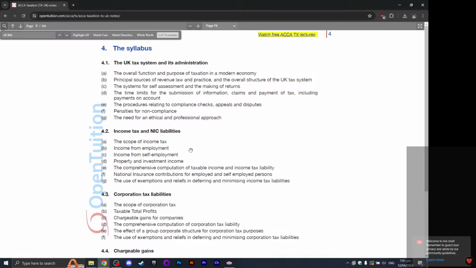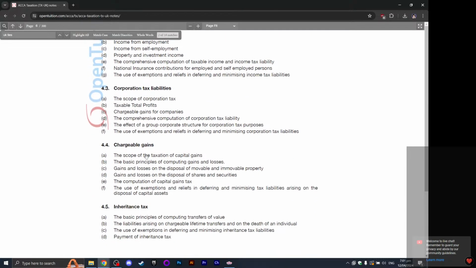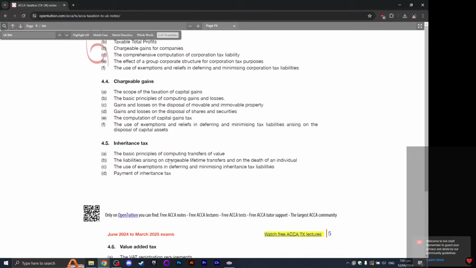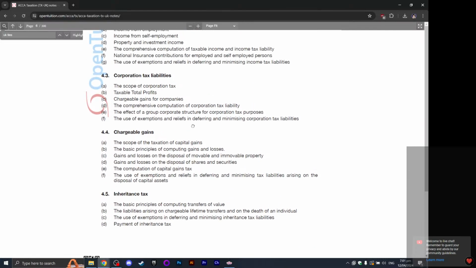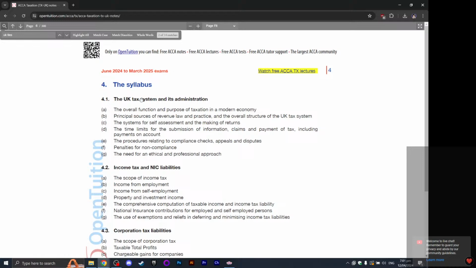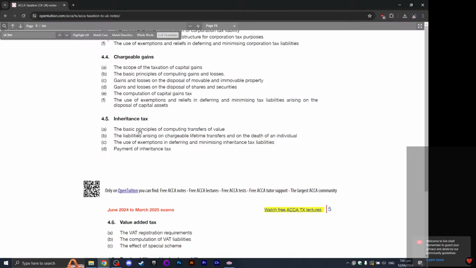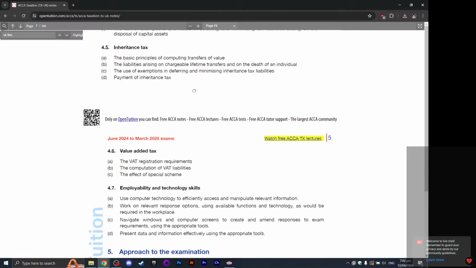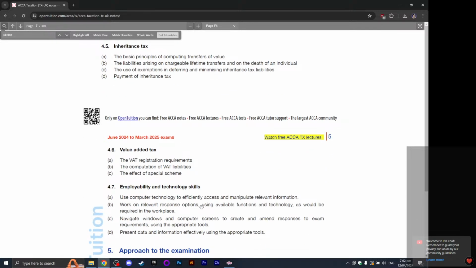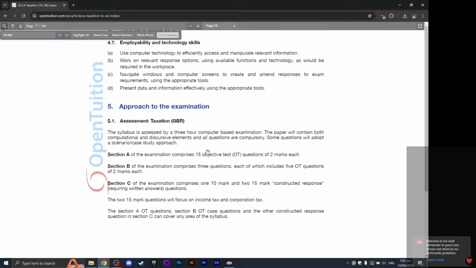You got income tax, corporation tax, chargeable gains, and inheritance tax. I think the US also has, what do you call it? Is VAT not included here? The US has land tax or something? I don't know. Value added tax.